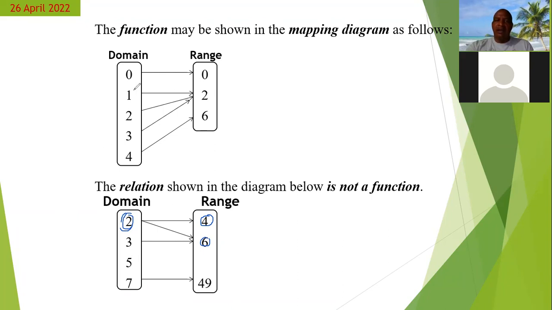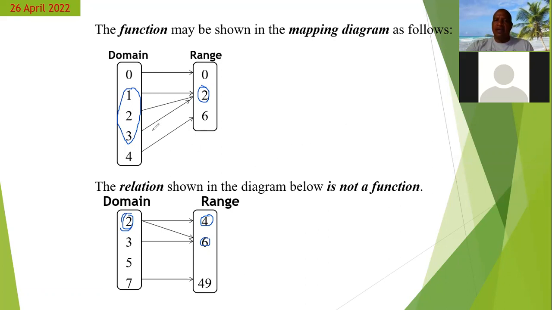Over here, we have many in the domain to one in the range. So this is actually a many-to-one function. So many-to-one is a function, but one-to-many is not a function. Is that clear, guys?